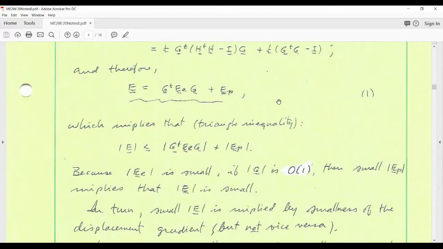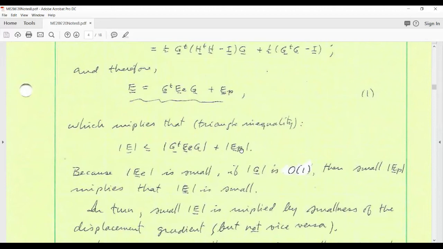So if the plastic strain is close to the identity, then G would certainly be order 1 in magnitude. And that's consistent with the smallness of the plastic strain. So if the plastic strain is small, then G is certainly order 1 in magnitude. The elastic strain is small, so the overall strain will be small.